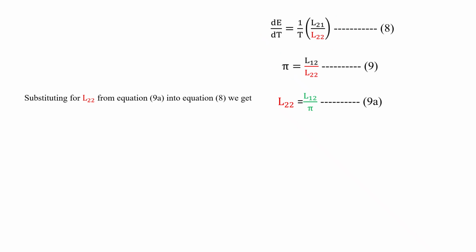So now when you substitute the value of L22, that is equation 9a, into equation 8, which we have already derived in the previous slide, dE by dt will be equal to 1 by T into L21 by L12 by π.